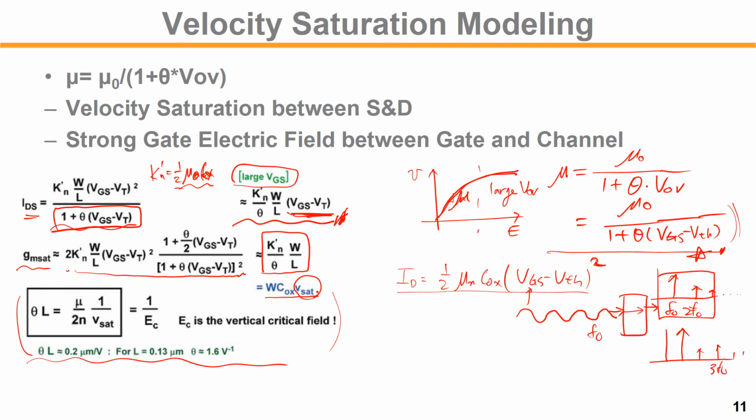The reason is that if you consider the mobility degradation equation, with theta (VGS minus VTH) in the denominator of W over L (VGS minus VTH) squared, the factor in the denominator explains well why we are getting these odd order harmonics out of our circuit.